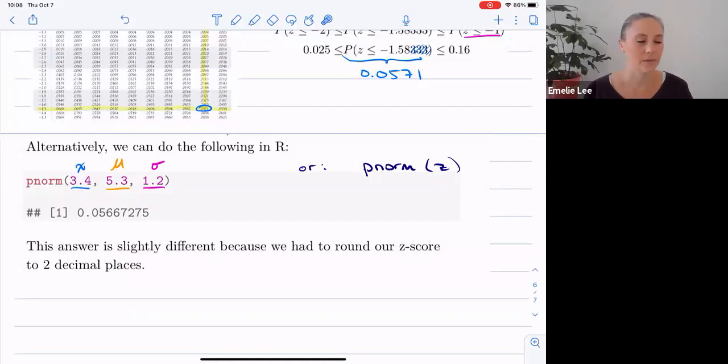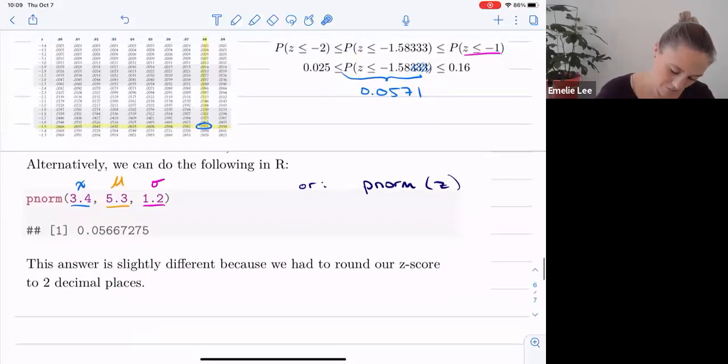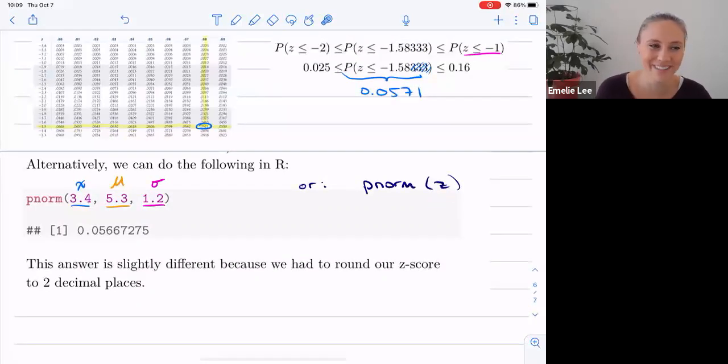Okay, good. I'd be curious to try p-norm of negative 1.58, but it should end up being 0.0571 exactly, right? Okay, but like I said, I haven't tried this one. I saw it and I thought, oh, cool. Moved on. Okay, good.